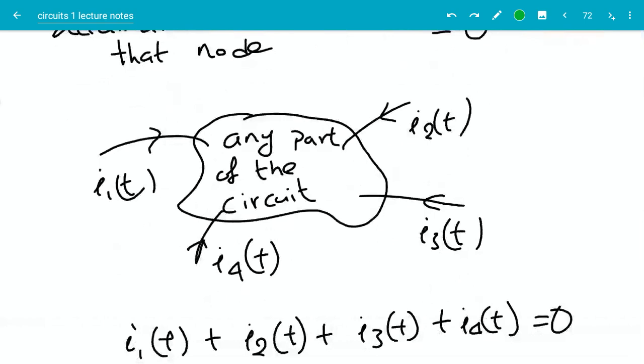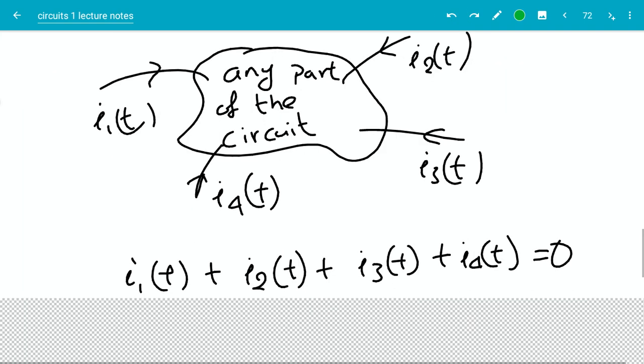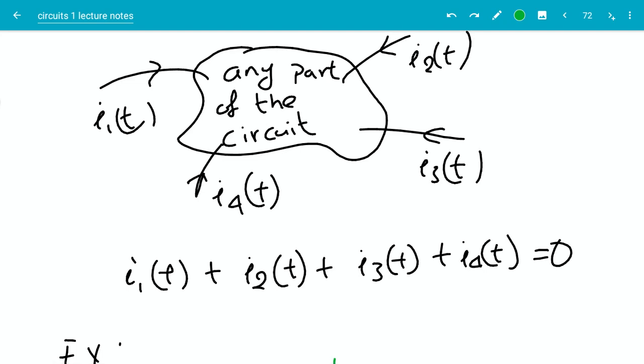Because charge does not accumulate in any component, then for any part of the circuit also you can say that there is no charge accumulating there. So you pick some arbitrary part of the circuit and say these are the 4 currents going in, or any number of currents going in, then the sum of all those currents should be equal to 0.